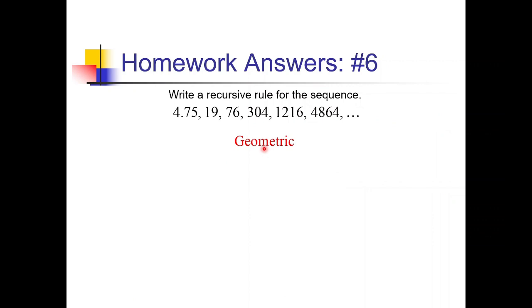So this is a geometric series, which means we can use our geometric recursive formula of a sub n equals r times a sub n minus 1. In order to write this recursive definition, we're going to need the a1. We always need that first term. In this case, that's 4.75.